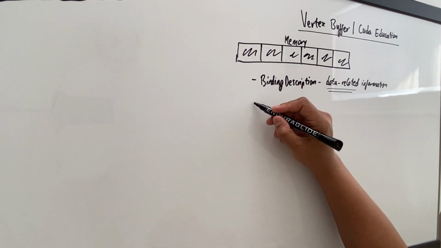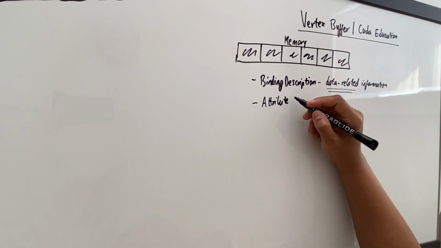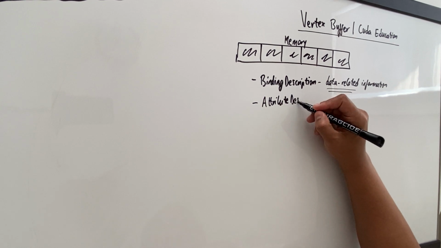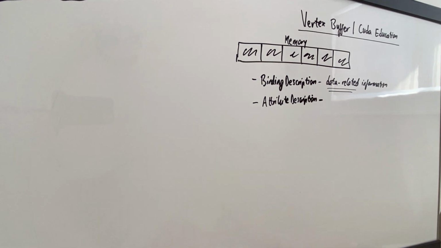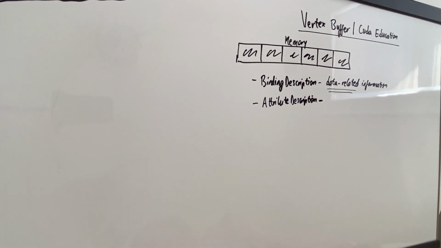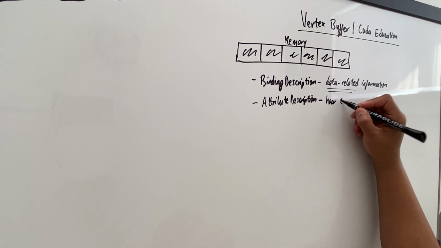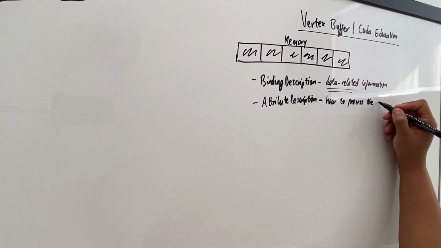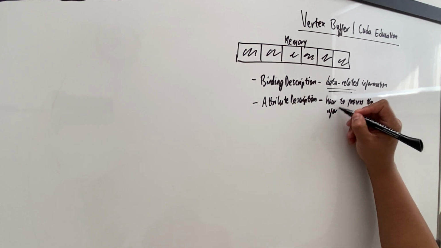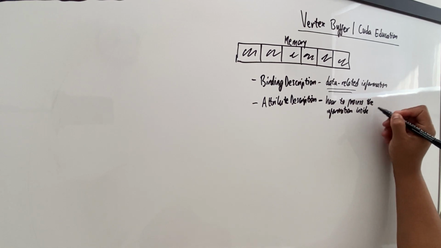The other thing is attribute descriptions, right? Okay, so this now deals with how to process the information inside of memory.